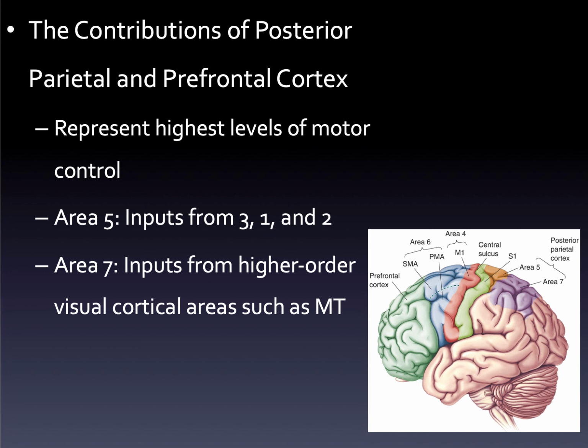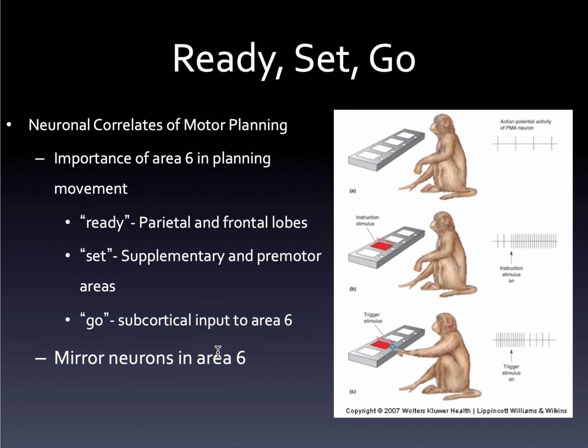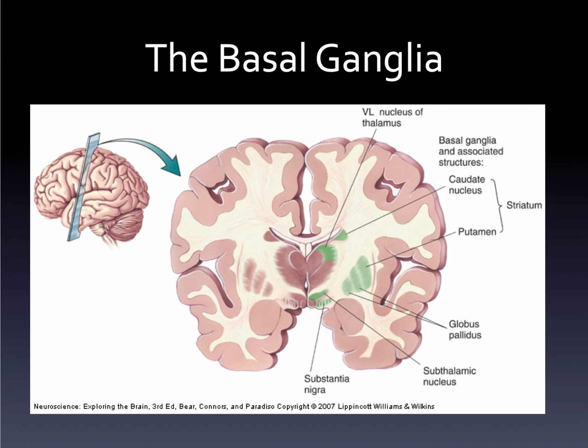So the last thing I left off here is the subcortical input to area 6 is important in determining when we actually send that go signal out. Okay, and that subcortical input is going to be coming largely from the basal ganglia. This is a set of nuclei.